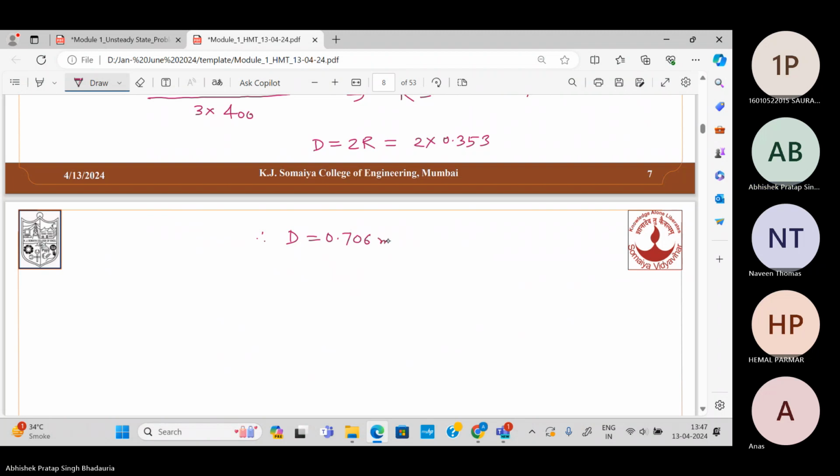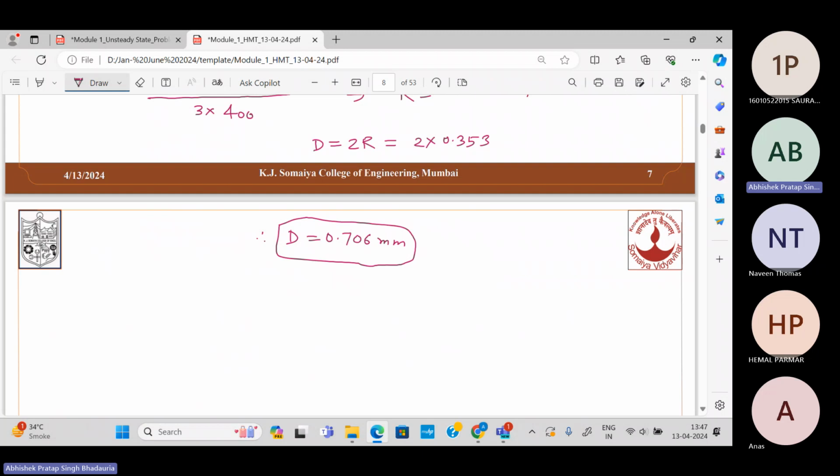This is the junction diameter. The calculated value of junction diameter is 0.706 mm, which is required for the thermocouple to have a thermal time constant of 1 second.